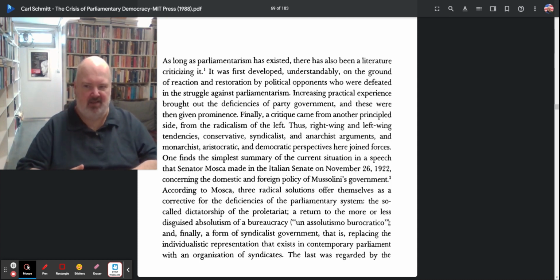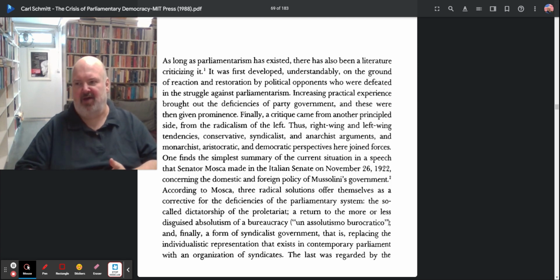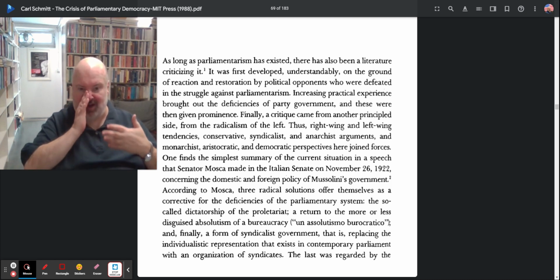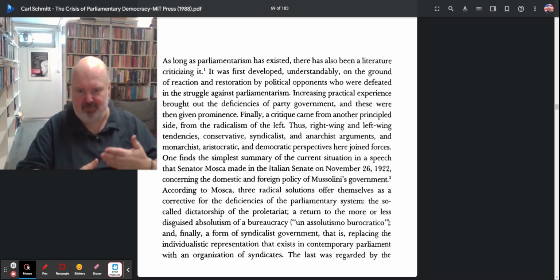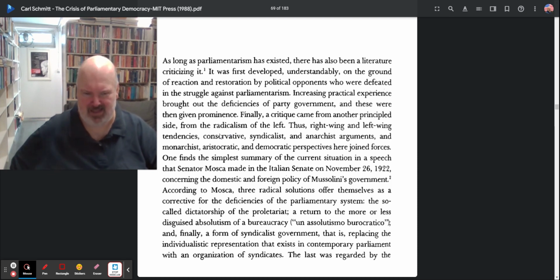The second critics were those who had actually started working under parliamentary government in the late 18th and 19th century, who start seeing the limits of it and the problem of party deficiency in party governments and other issues, right? Kind of like Robert Michels' Political Parties and things like that, right?